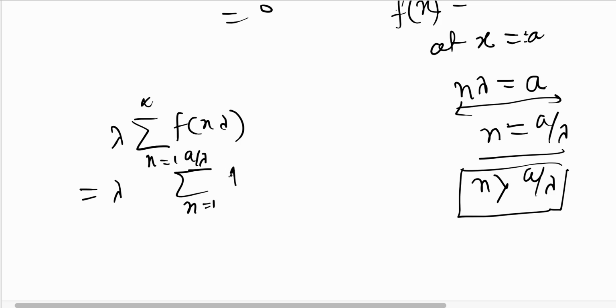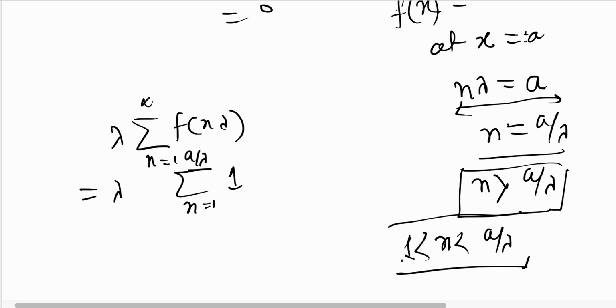That means for all n which are greater than or equal to 1 and less than a by lambda, this function will be 1, and for other values it becomes 0.